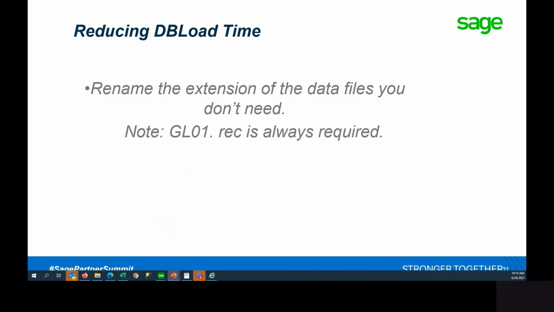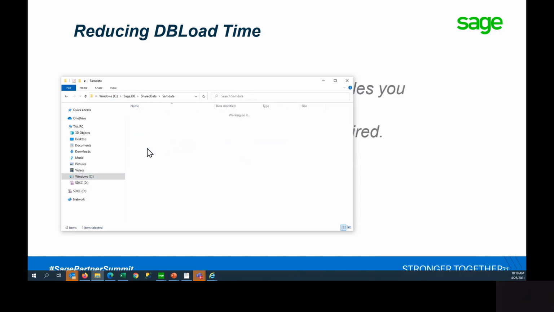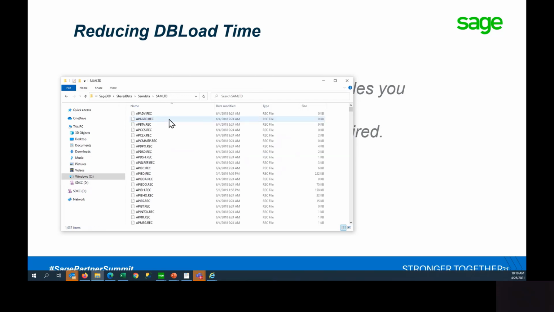As an example, let's take a look at an example here. If all I'm interested in is things dealing with AR, and I don't need my AP, here is what a typical folder structure looks like when I do a dump of my data.